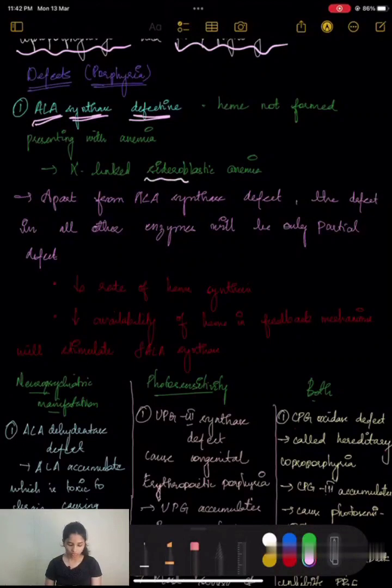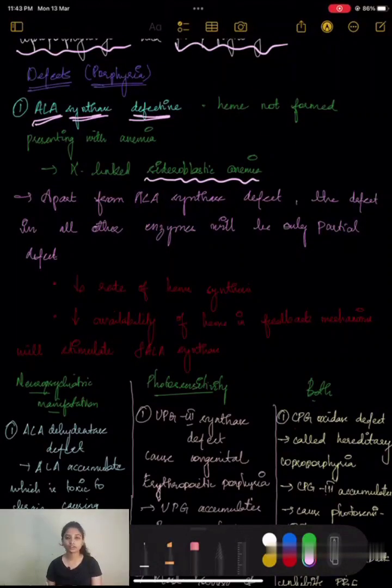Now apart from the ALA synthase defect, the defect in all other enzymes will be only a partial defect, because in all other defects there will be production of heme in some other ways. So that is the reason there will be only a partial defect here.